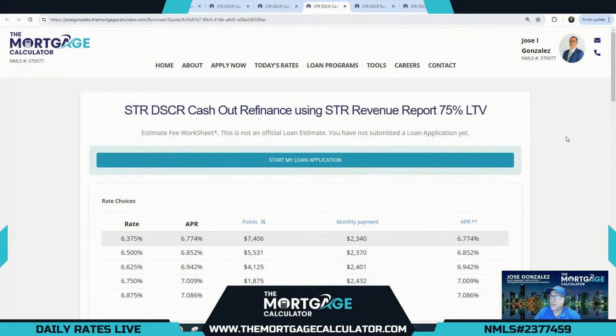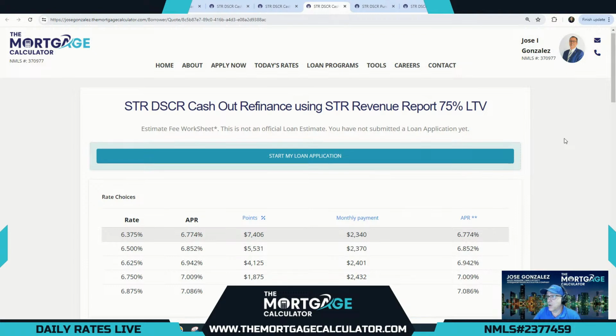And now for some cash out options. This is our cash out option using the short-term rental revenue report. For this option, you have to have 12 months of activity. It will be averaged out over a 12-month period. If you have less than 12 months, they may make an exception for 10 or 11 months, but they will average it out over 12.